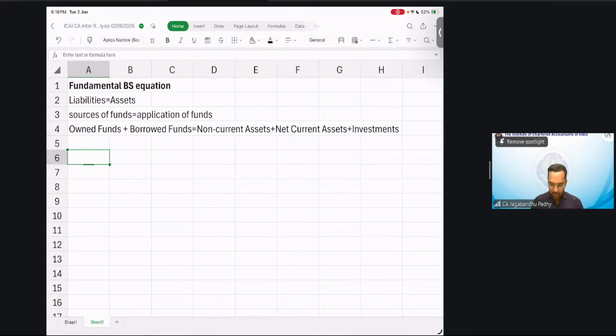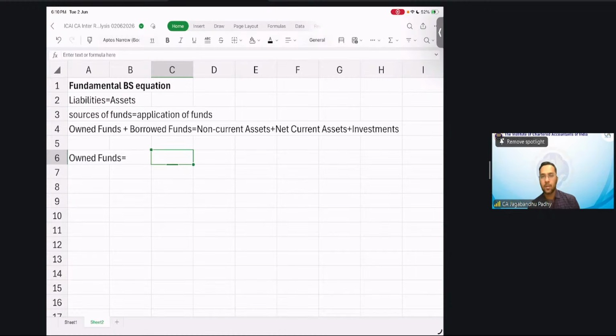Now, can anyone tell me what will be included in owned funds? If I ask you, go to the balance sheet and calculate the owned funds, how are we going to calculate the owned funds value?